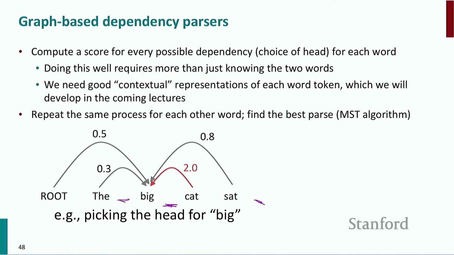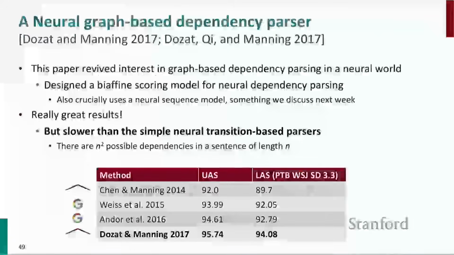And so just as in the older symbolic parsing days where the graph-based dependency parsers were more accurate than the transition-based parsers, we then started doing some work on neural graph-based dependency parsing. And so here's our neural graph-based dependency parsing, which was then a bit over 1% more accurate than Parsey McParseface, the world's best dependency parser.